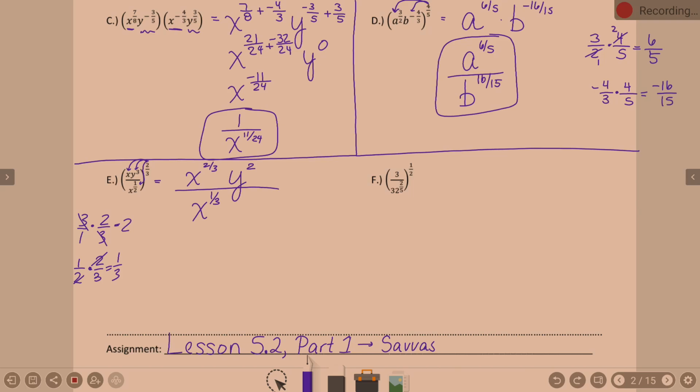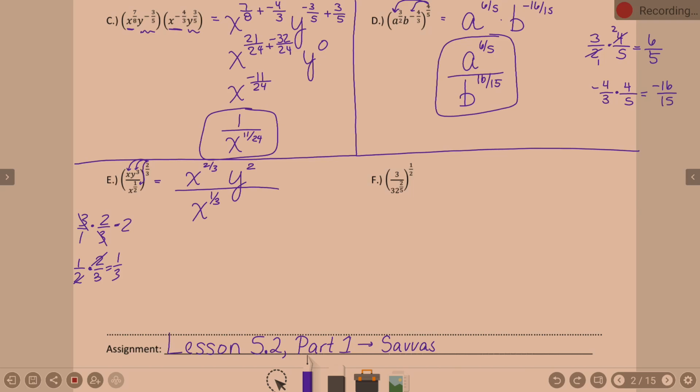Okay. We're not done. Why aren't we done? We have 2 x's in the same problem, yes? If the x's were both on top, we'd multiply them, so we'd keep the base and we'd add the exponents.